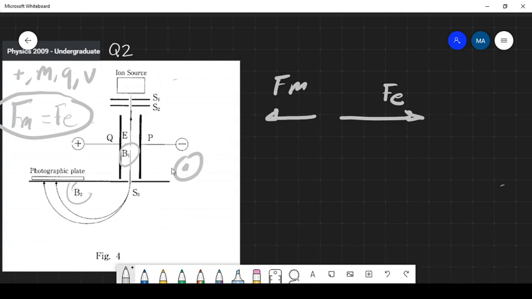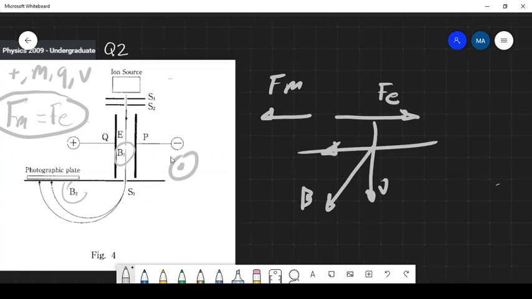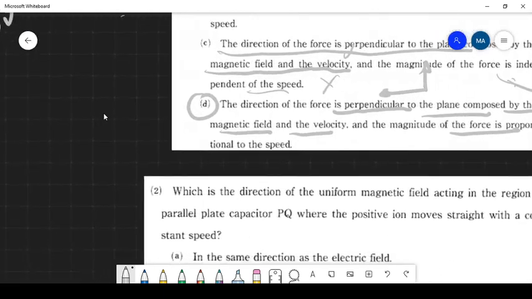Now B, the magnetic field, is pointing to you. Why? Because if B is pointing to you and V is pointing down, F will point over here. Just make the sign with your hand. So B is perpendicular going out of the plane.